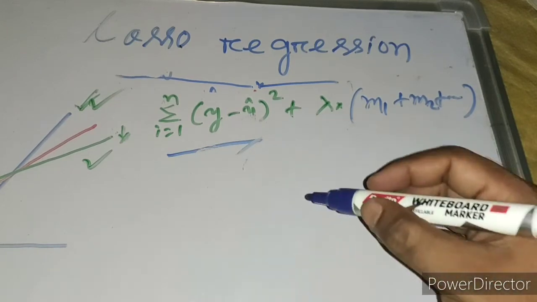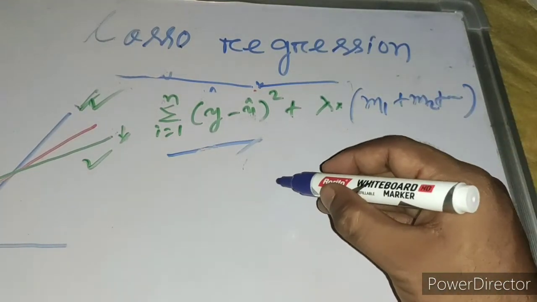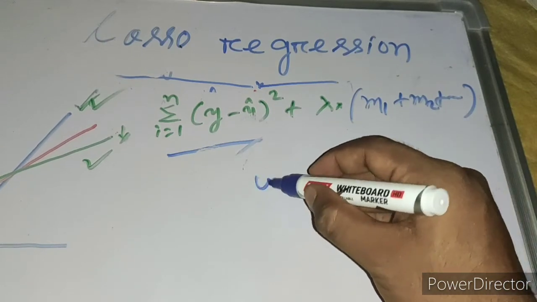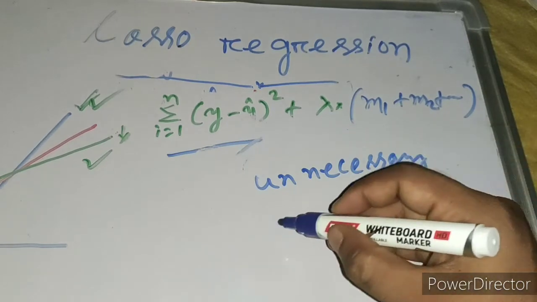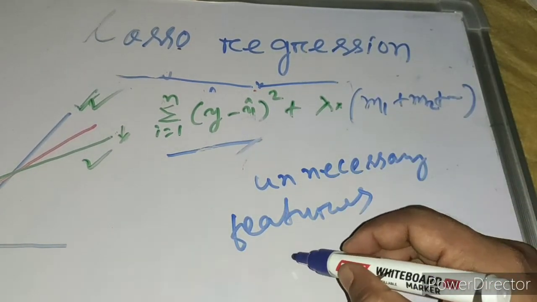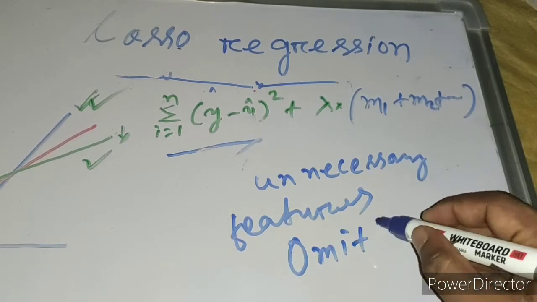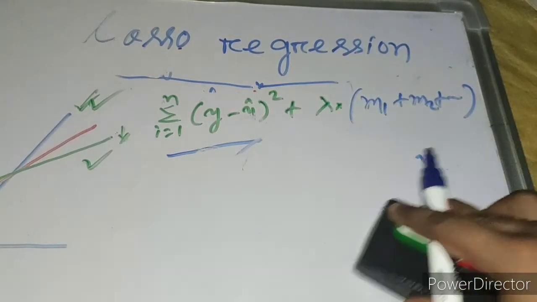So we will be having only those features which are essential for us. Unnecessary features will be omitted, which is nothing but feature selection.